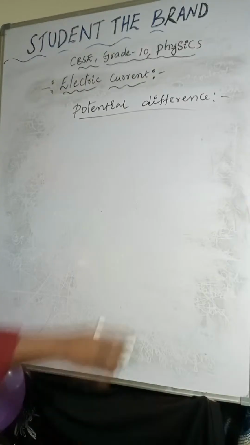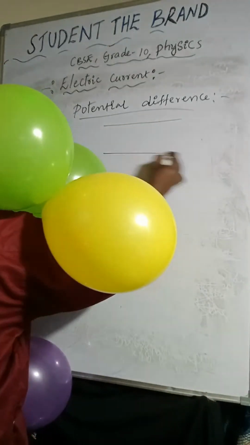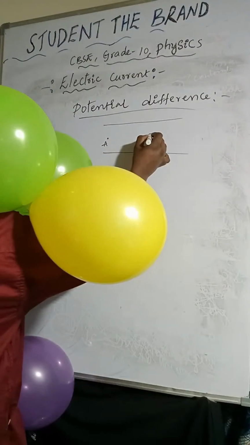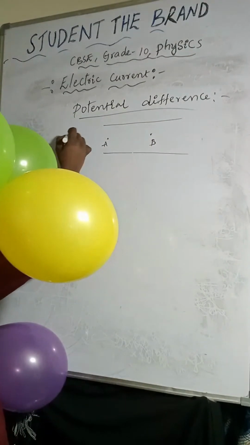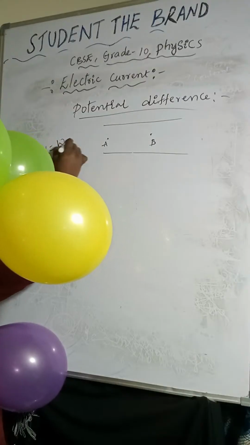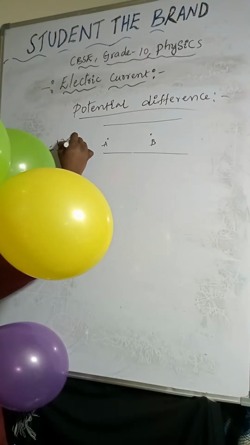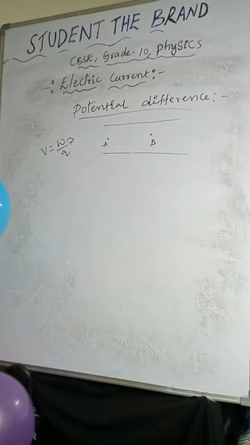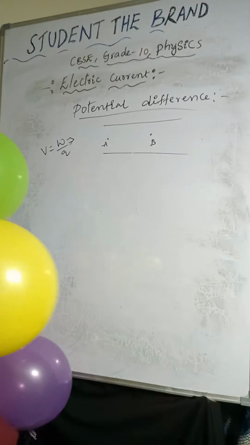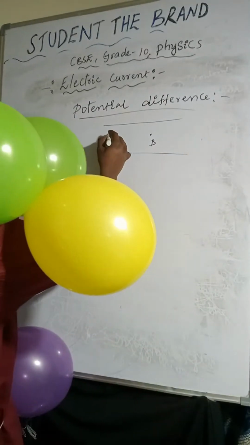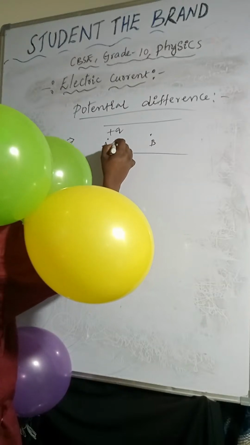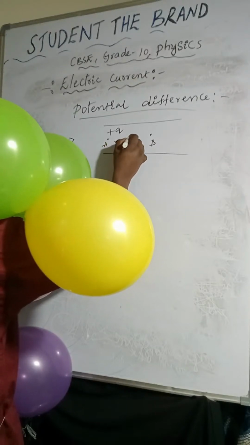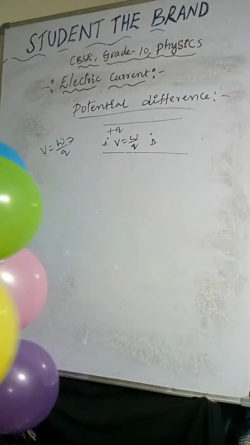Here, from point A to point B, we are doing some work to bring unit positive charge. So it is called potential difference. V equals W by Q.